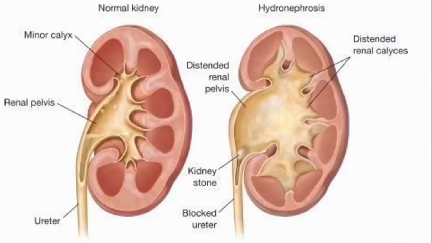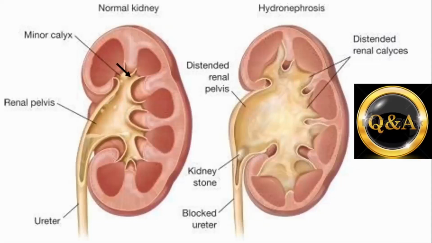Here are two sections of two kidneys, and on your left you can see that the renal medullary pyramids open into a minor calyx, and this is another minor calyx, and these are minor calyces. How do I know that this is a minor calyx?